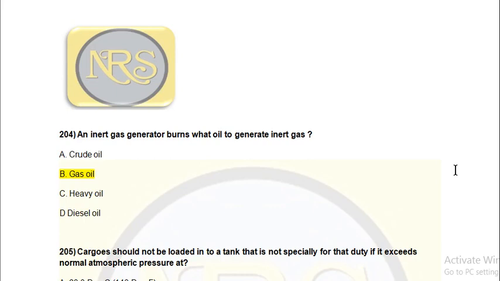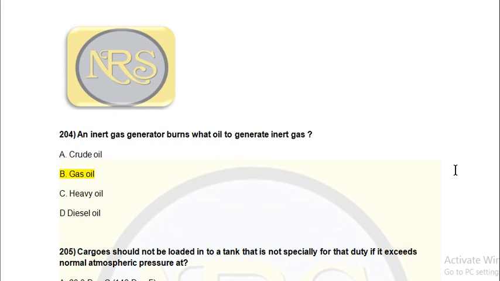Question number 204. An inert gas generator burns what oil to generate inert gas? Option A, crude oil. Option B, gas oil. Option C, heavy oil. Option D, diesel oil. The correct answer is option B, gas oil. What is gas oil?